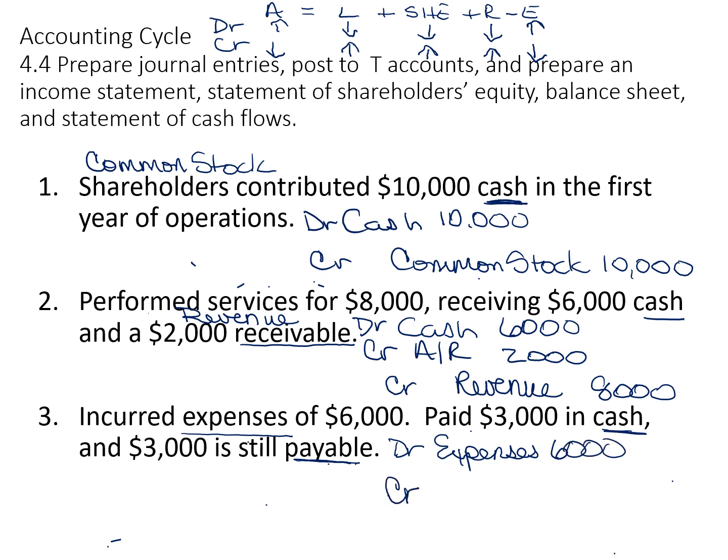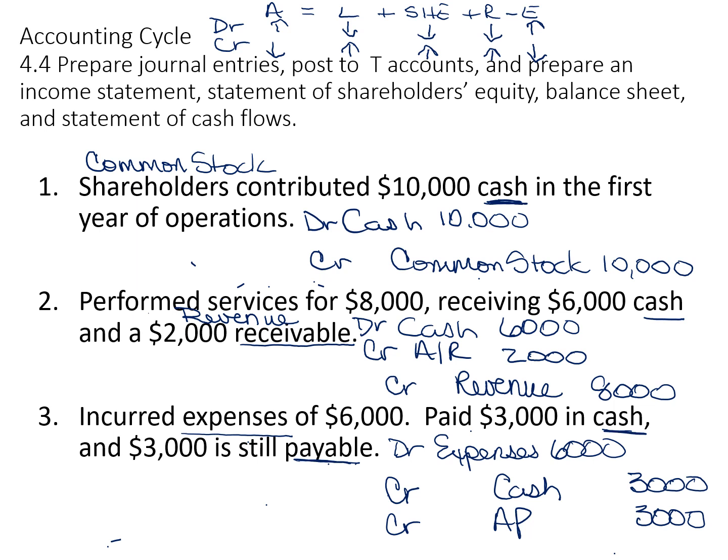We're going to credit the asset cash because cash is being reduced because we paid $3,000, and we need another $3,000, and we still owe that, so that's a liability or a promise called accounts payable. All right, let's see what else we did. We're going to come back after we make these journal entries and post them to the T accounts.